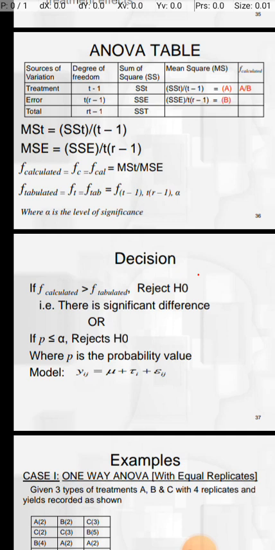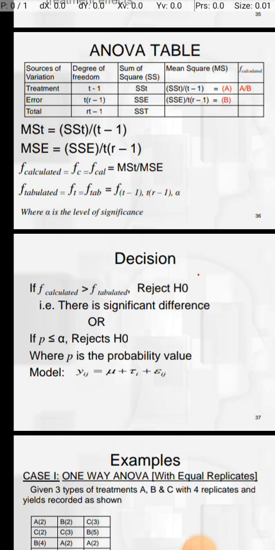Now under the row belonging to the degree of freedom, you have t minus 1. That's for calculating your treatment. You also have tr minus 1, and you also have rt minus 1. So take note carefully.